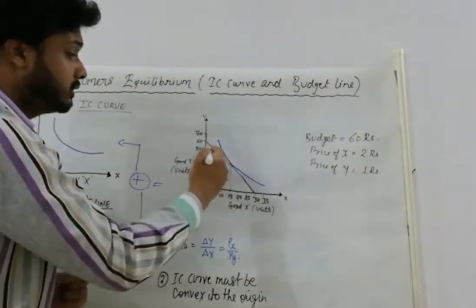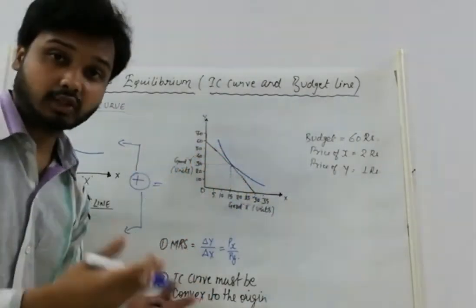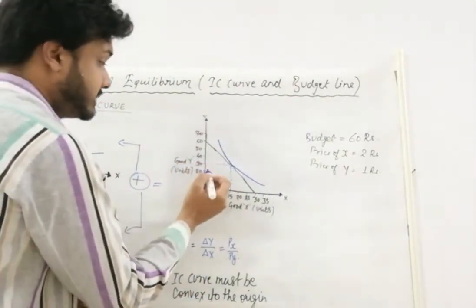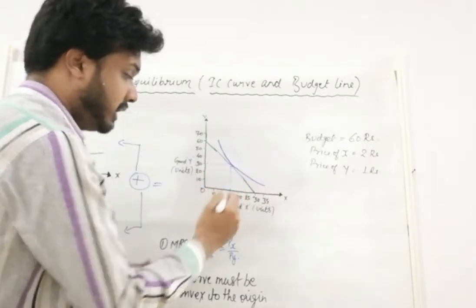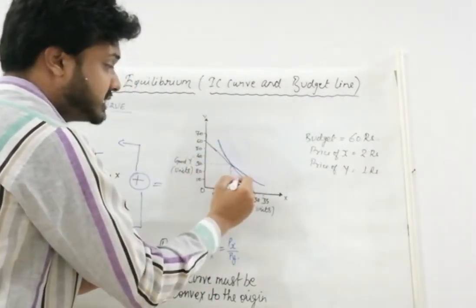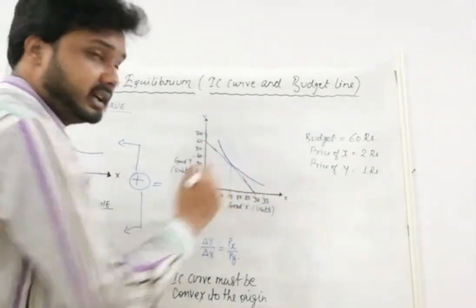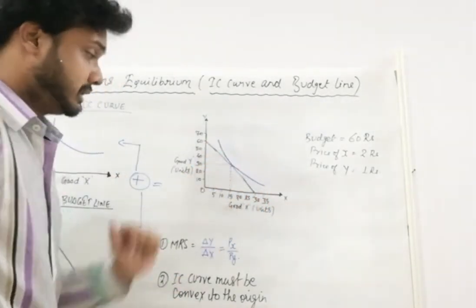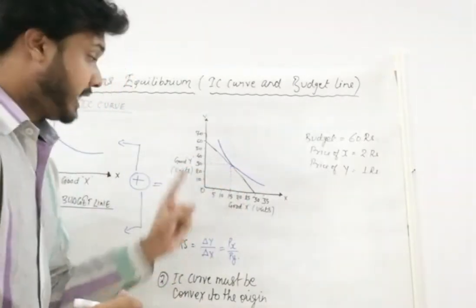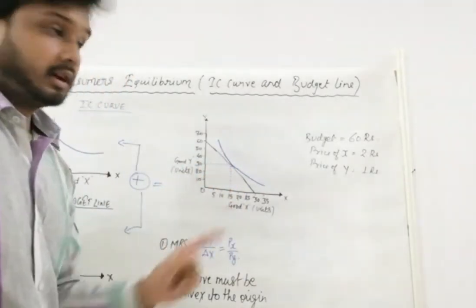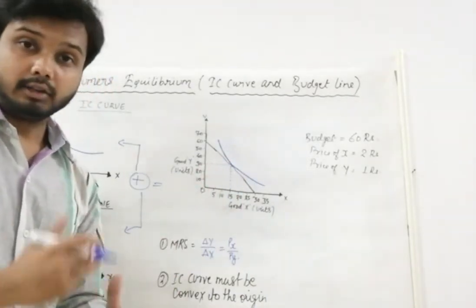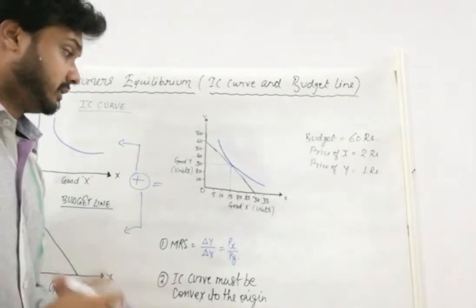But we have to take the best combination, the best satisfaction level. So students, when we make the diagram, the point of intersection where the budget line and indifference curve touch each other will be the level of satisfaction. This is the combination in the given budget where the consumer will attain maximum satisfaction.